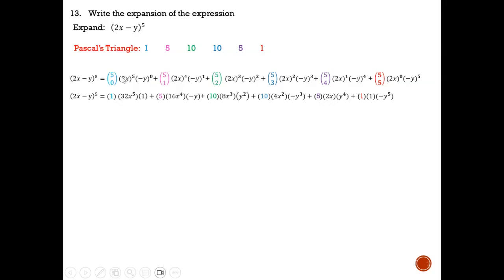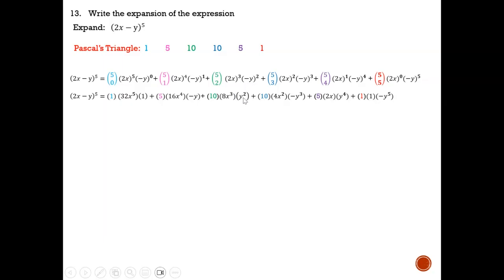So 2x to the 5th power will give us 32x to the 5th. Negative y to the 0 will give us 1. 2x to the 4th will give us 16x to the 4th power. Negative y to the 1st power will give us negative y. 2x to the 3rd power will give us 8x cubed.